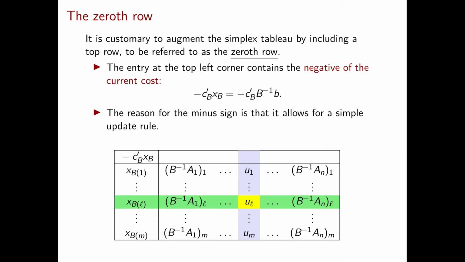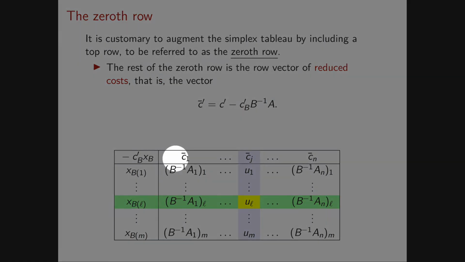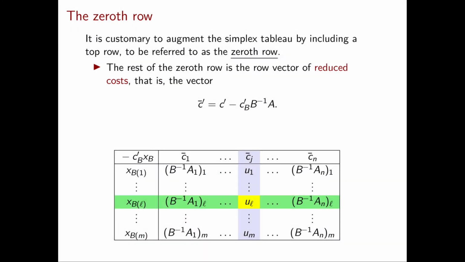This is a great question, and the reason we're looking at the negative is in a sense technical. In fact, we will see shortly that having the negative allows us for a much simpler update rule. Then, in the remaining part of the 0th row, we write the reduced costs.